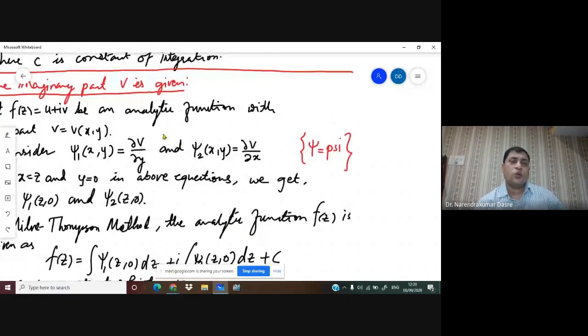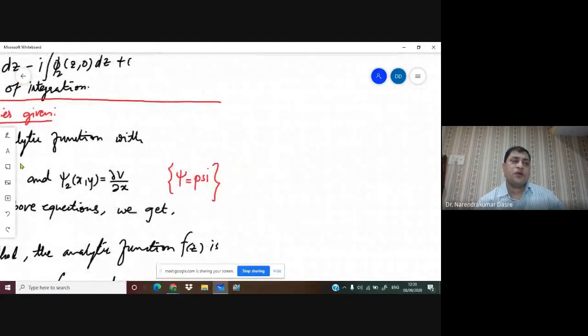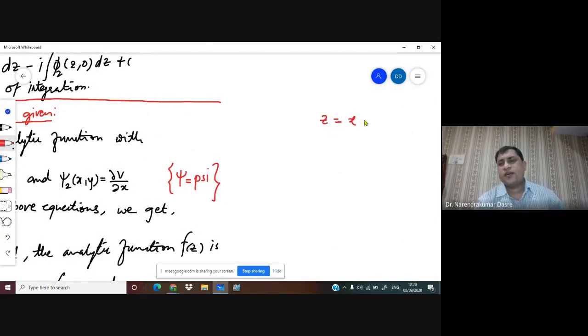Now here, we have z is equal to x plus iy, and f of z is equal to u plus iv. The first derivative, when the real part is given, is with respect to x, and when the imaginary part is given, it is with respect to y.